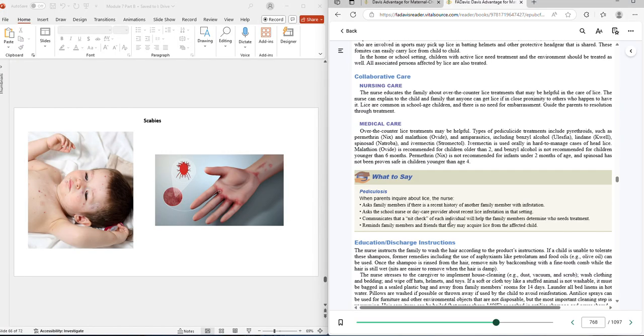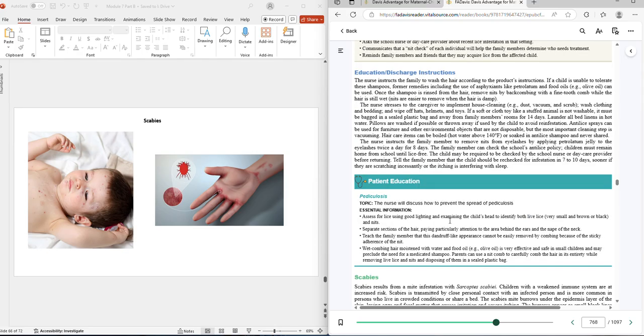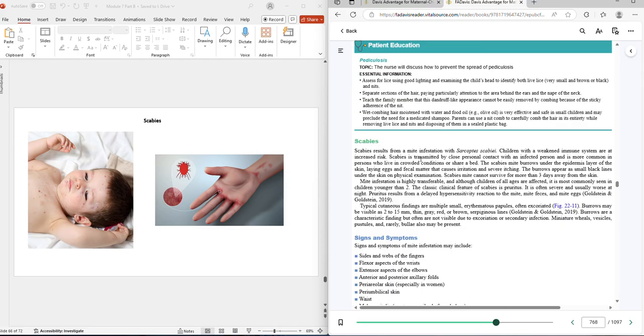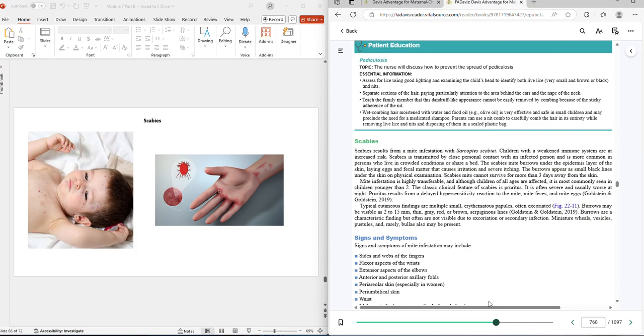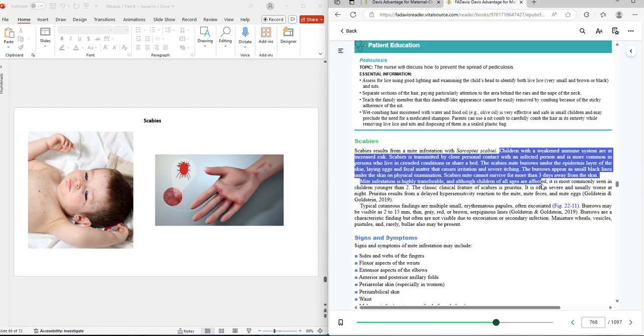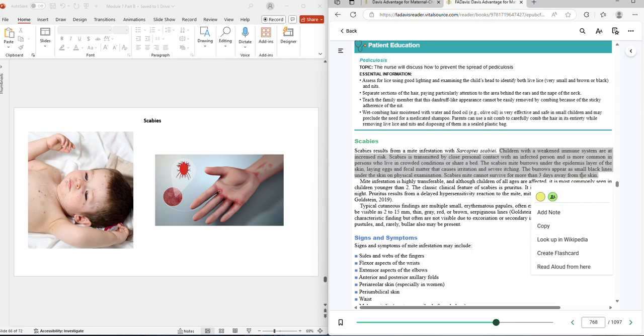All right, scabies. This is on pages 768 and 769. It's a mite infestation, okay? More common in persons who live in crowded areas. So if there are a lot of people living in the home, it may be more prominent in that home, okay?